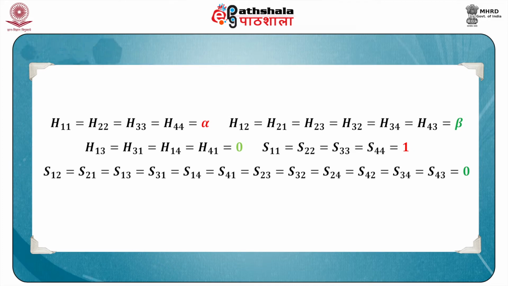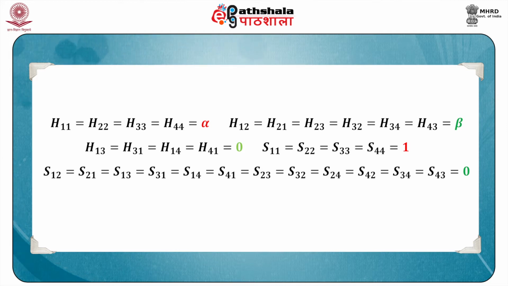Similarly, for the overlap integrals, Sij for i equal to j is taken as 1, and Sij for i not equal to j is taken to be 0.